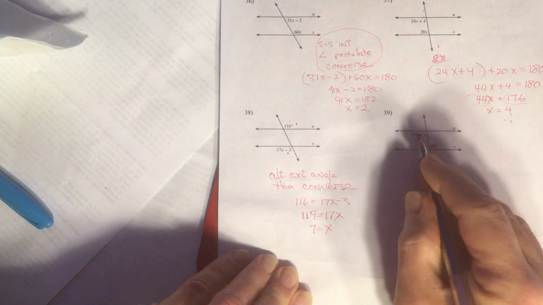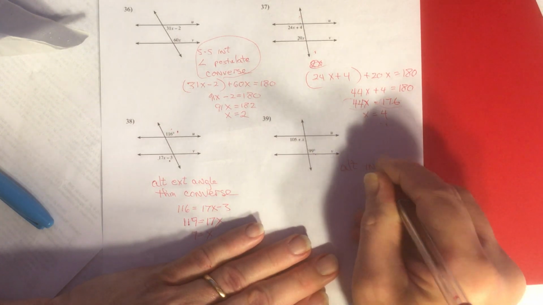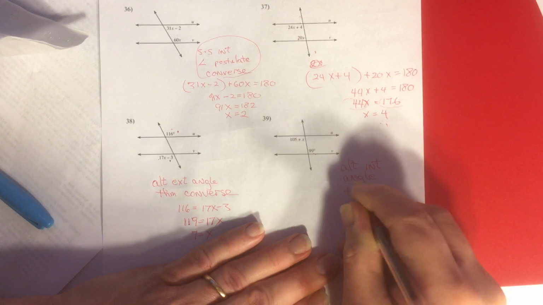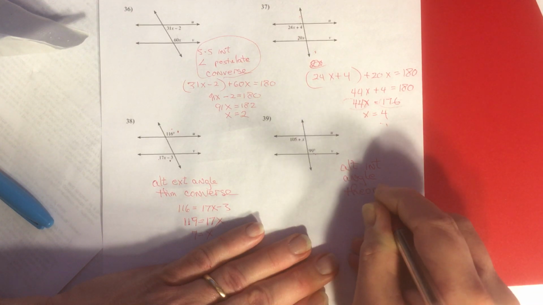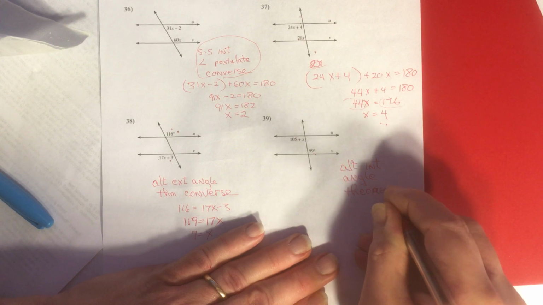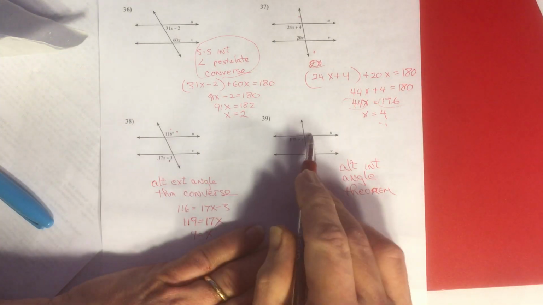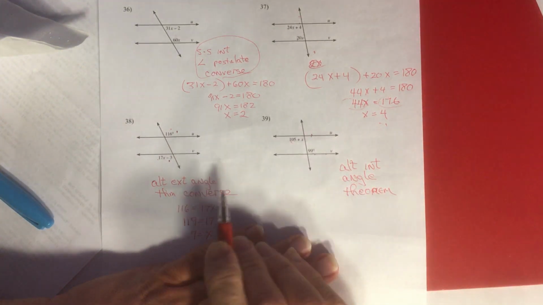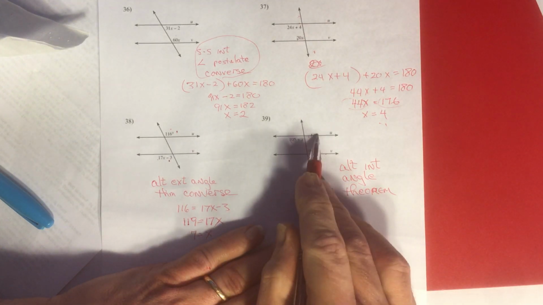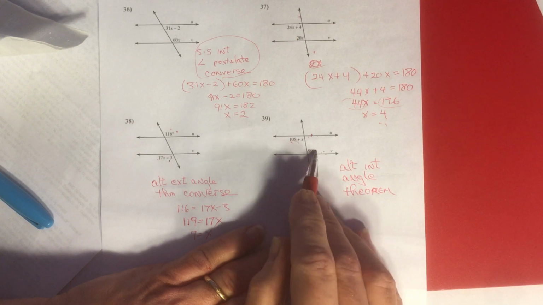And then finally over here, these are alternate interior angles. And I have the alternate interior angle theorem, right, that says that if the lines are parallel, these two will be congruent. But I don't have that. I want to make these parallel. And the way I can do that is to show that these two angles are congruent.